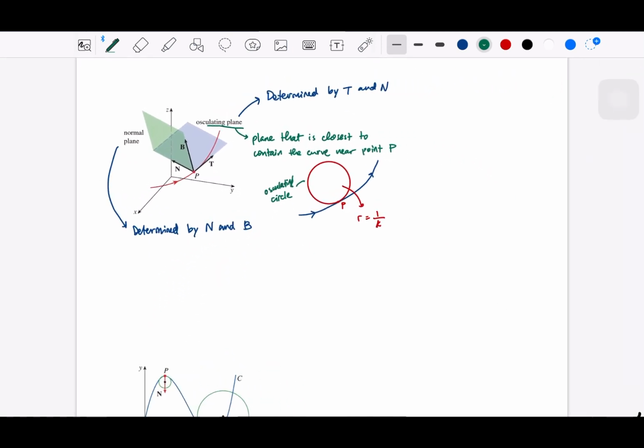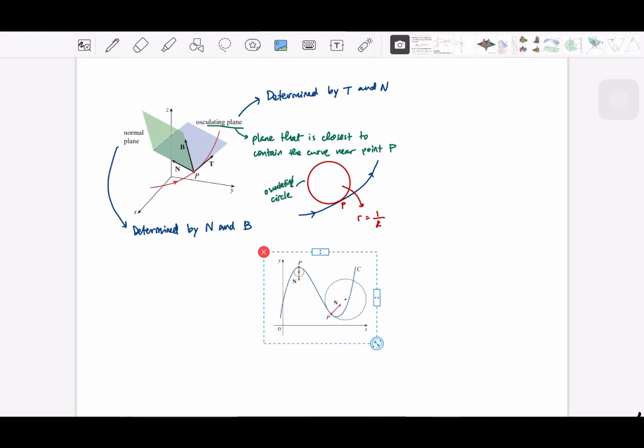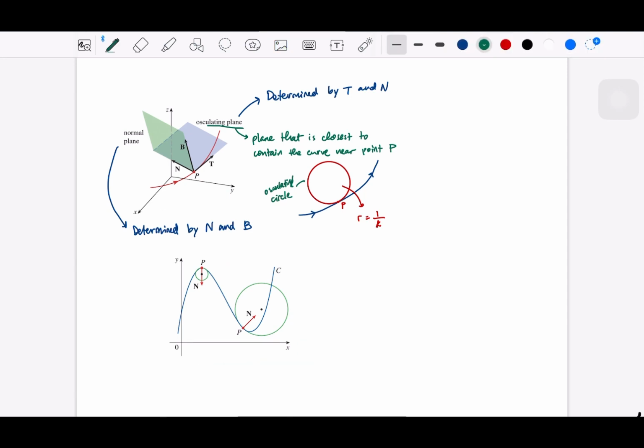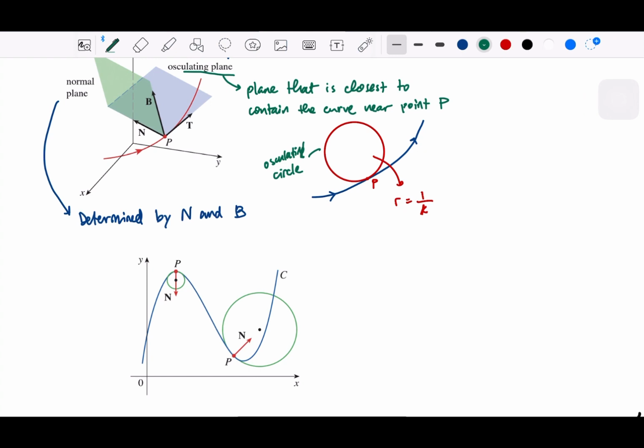Okay, so if we take some random curve and try moving the point P, like for example this one here, we can see the curvature is changing, and you see the circle is also changed.